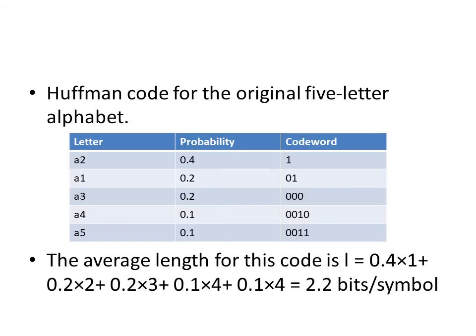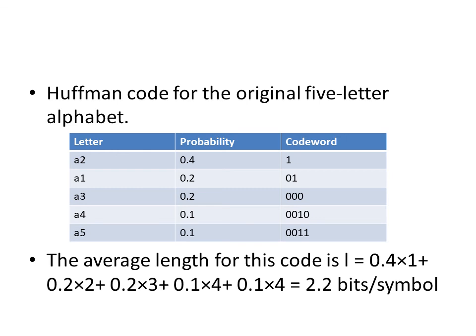In this slide I have listed down the code words of all the symbols. Okay, now you check that Huffman code, as I had said, the least occurring symbols will get the lengthiest code word, and the frequently occurring symbols will get the shortest code word.